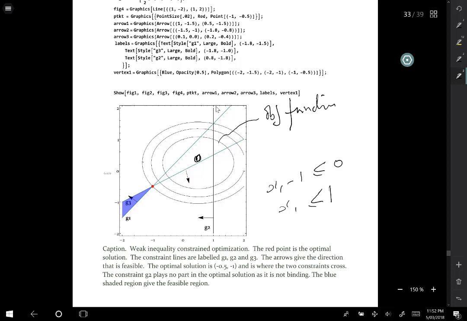And then you've got these other two constraints, which are slightly more complicated. So G1, any values above G1 are fine, and then you've got G3, any values below G3 are fine.